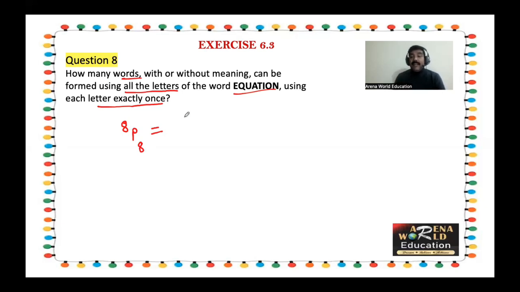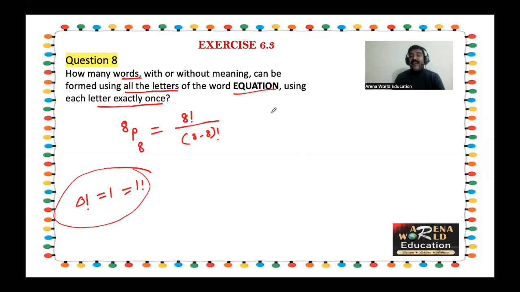So 8P8 will be 8 factorial divided by (8 minus 8) factorial. And we had already discussed, always remember 0 factorial is equal to 1, and that is equal to 1 factorial. So don't write it cannot be determined, right?